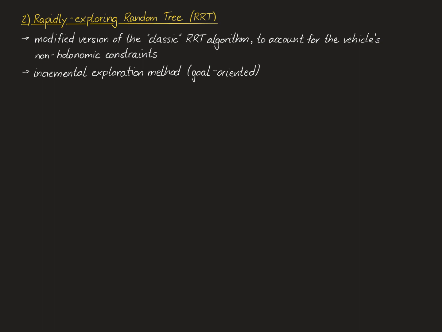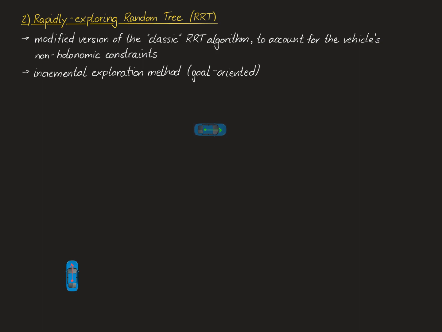The basic setup is as follows. Suppose we want to bring the vehicle from an initial configuration, meaning position and orientation, to a given goal configuration, meaning again position and orientation.